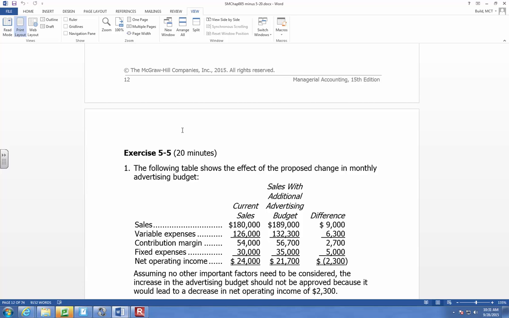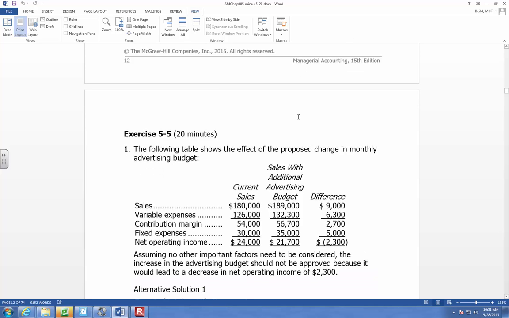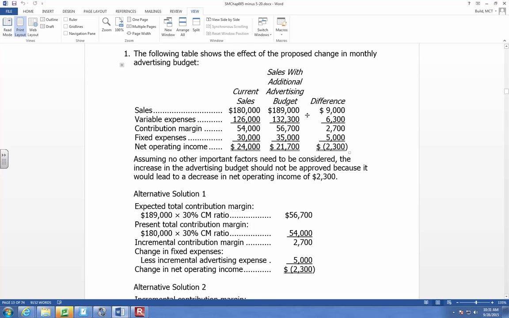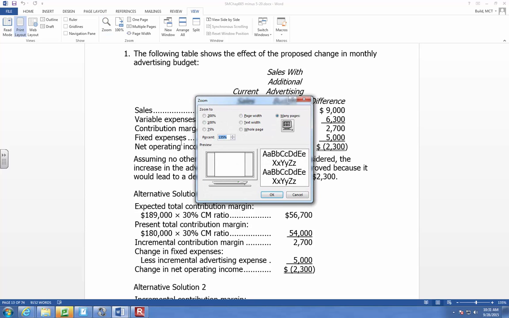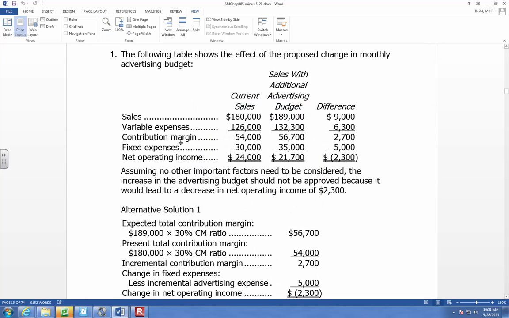The current profit. Well, it's all about profit, isn't it? What's my current profit? Yeah, I think it's 24,000. You just run a little P&L, right?